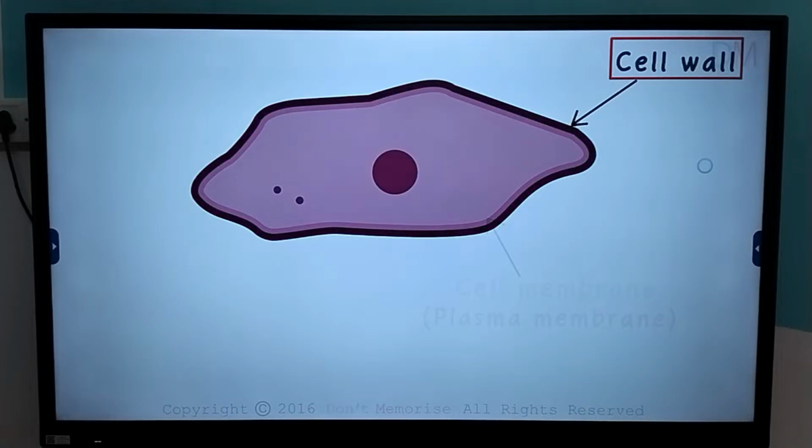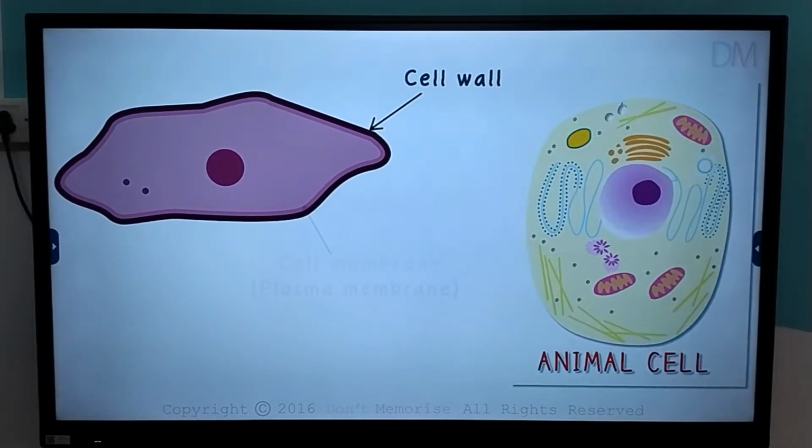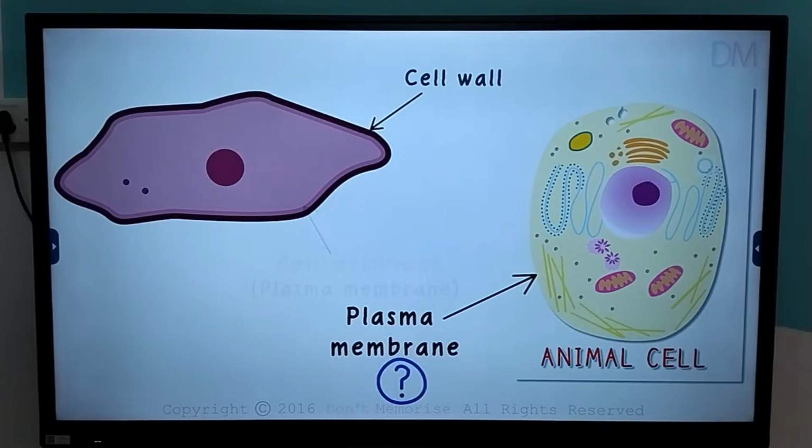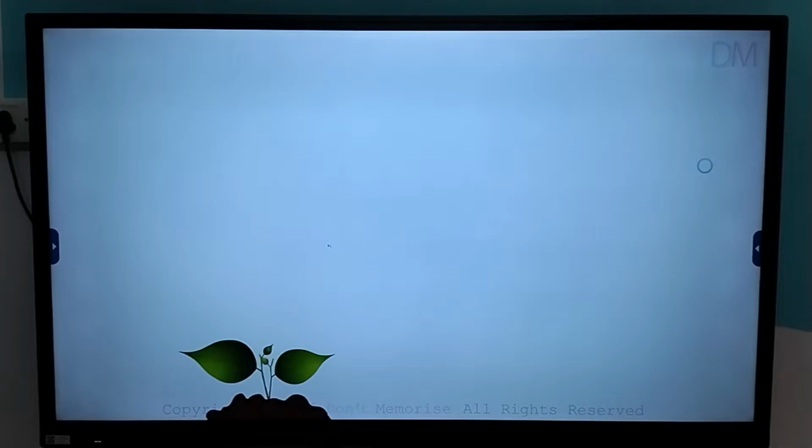What about cell walls? Do all cells have cell walls? Probably not. Did you know that an animal cell does not have one? An animal cell only has the plasma membrane and not the cell wall. Why is this so? To answer this, let me ask you a few questions. Where do plants grow?